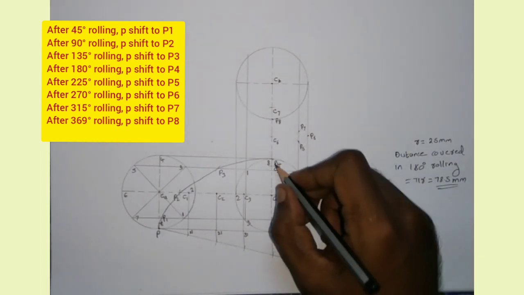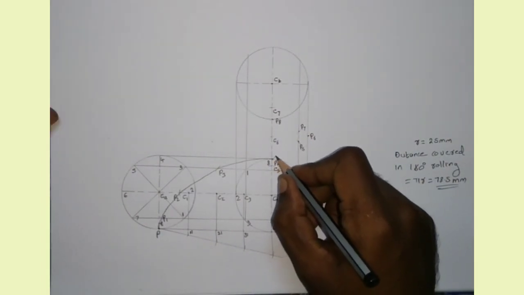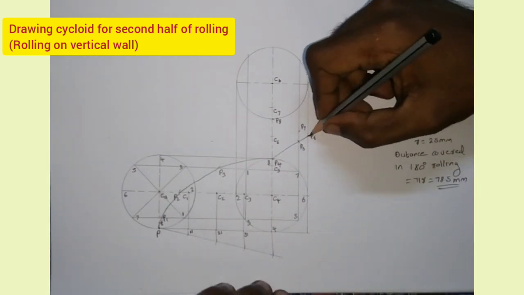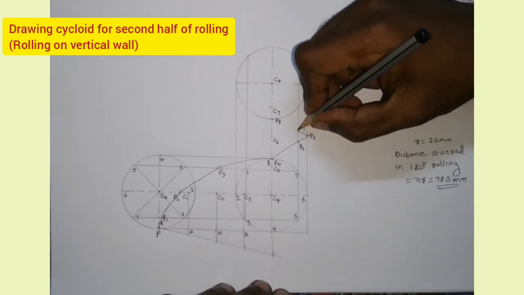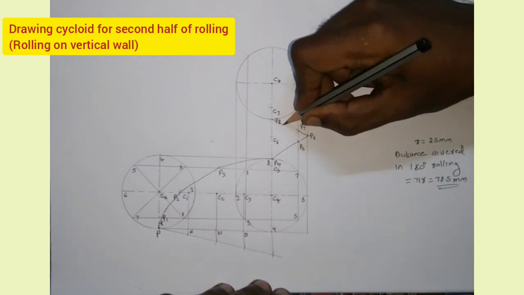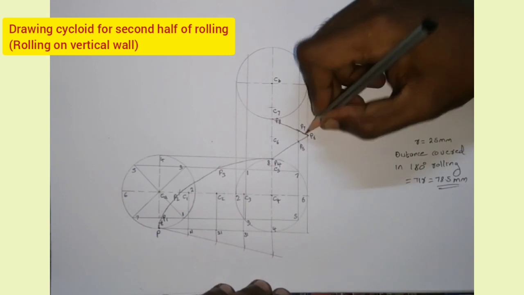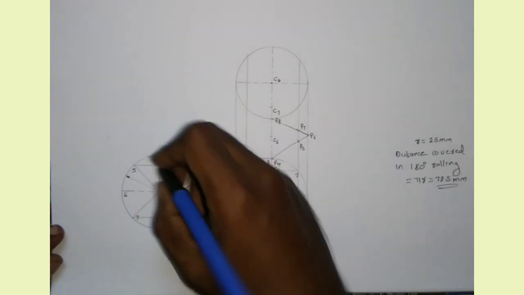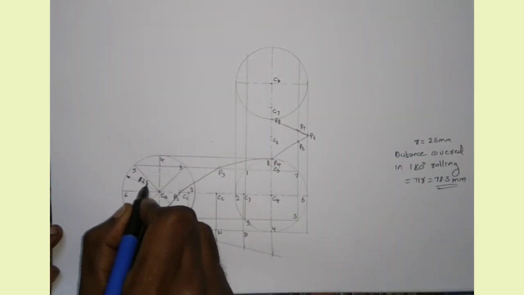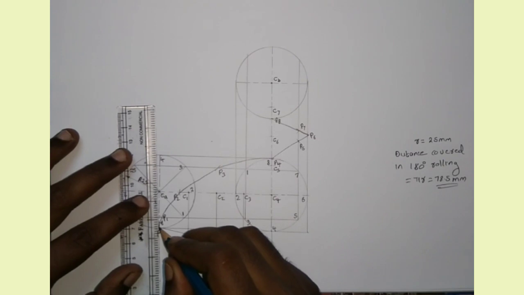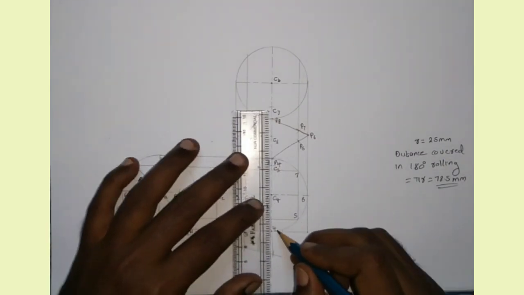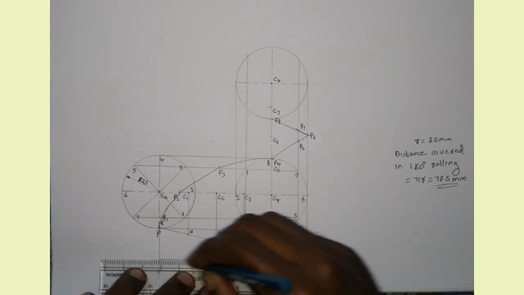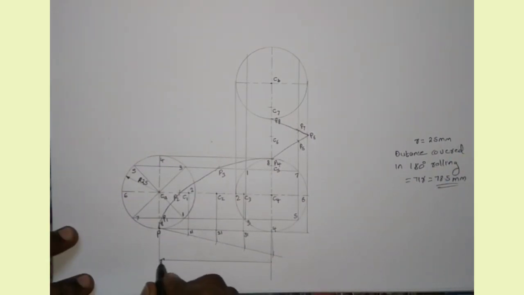So now we can draw the cycloid for rolling on the vertical wall, that is through points P4, P5, P6, P7 and P8. Okay, now I am marking the radius as R25, and the distance between CA and C4 is pi r, that is the distance covered on the horizontal floor.